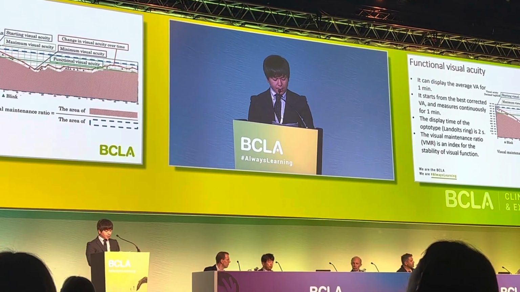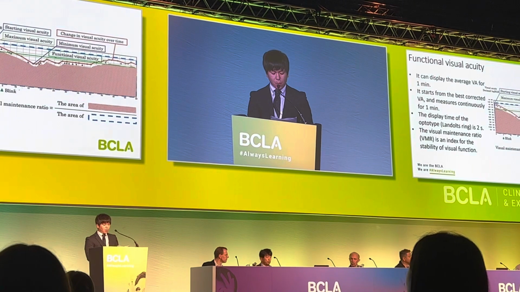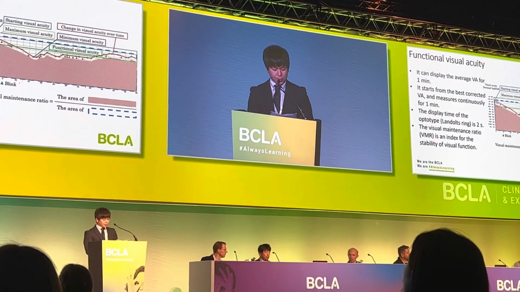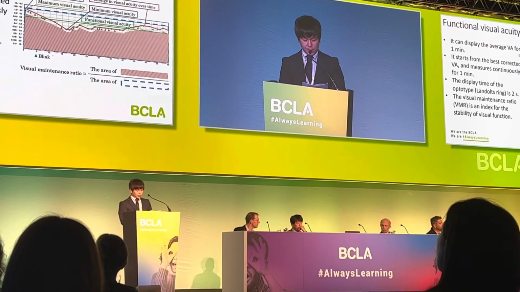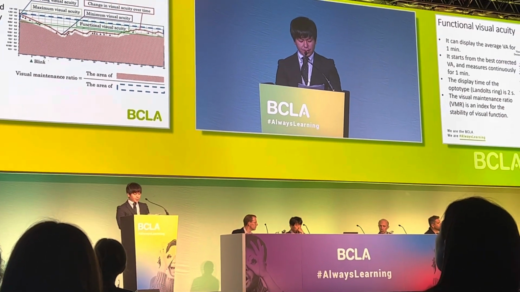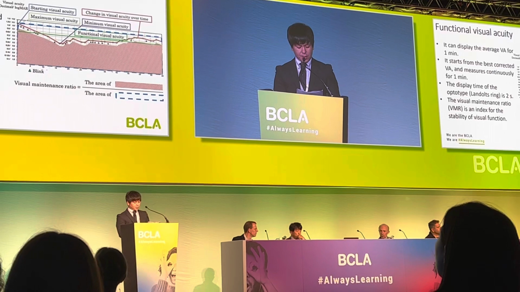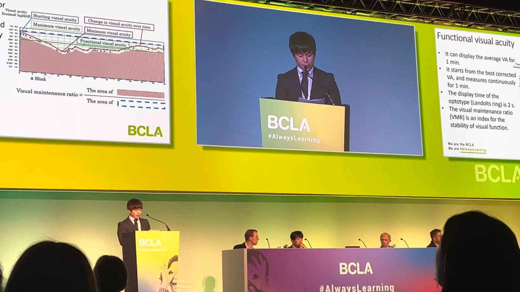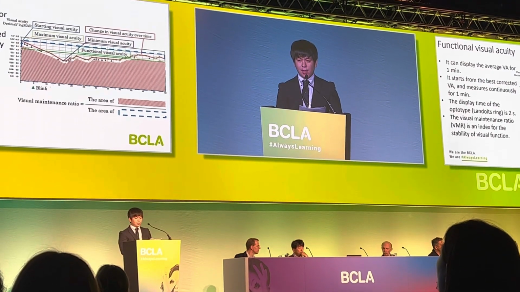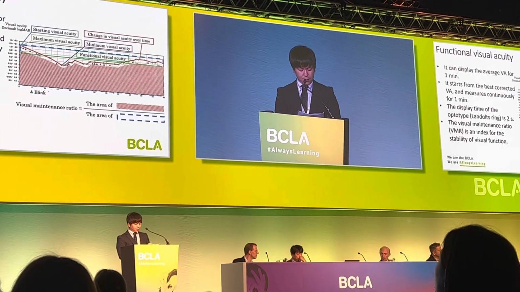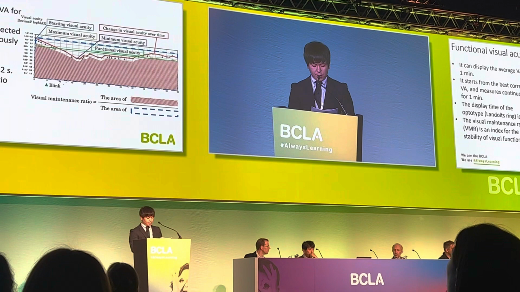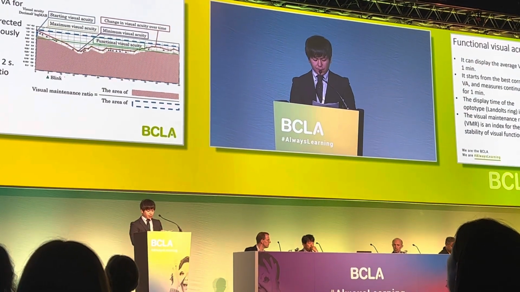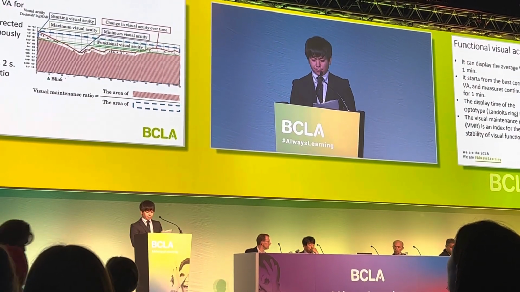AS28 core can display the average VA for 1 minute. It starts from the best corrected VA and measures continuously for 1 minute. The display time of the optotype Landolt ring is 2 seconds. The visual maintenance ratio (VMR) is an index for the stability of visual function.